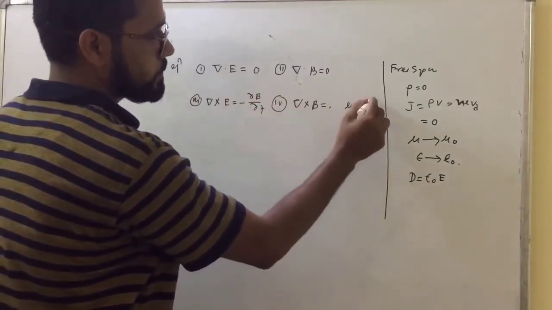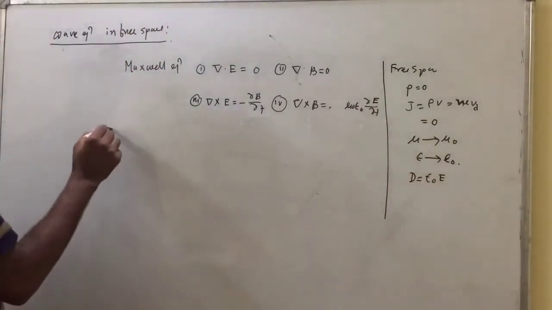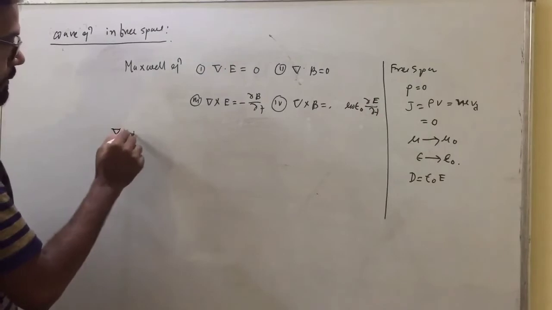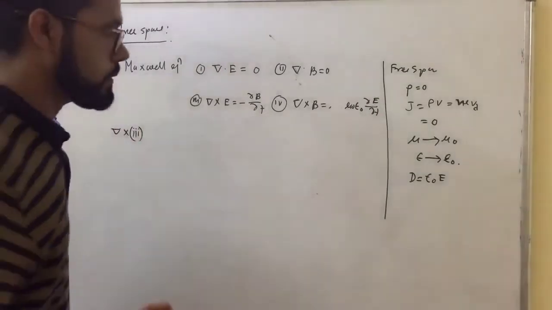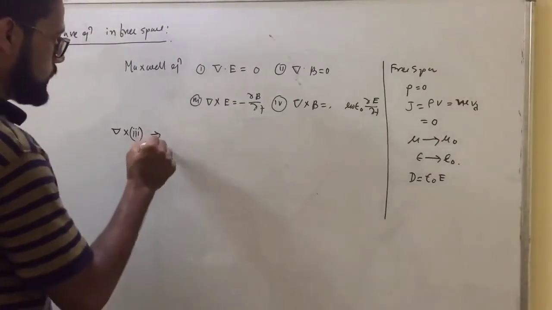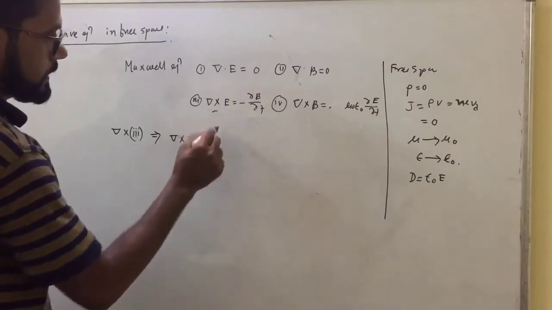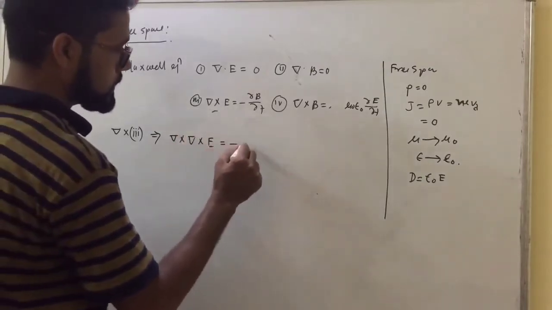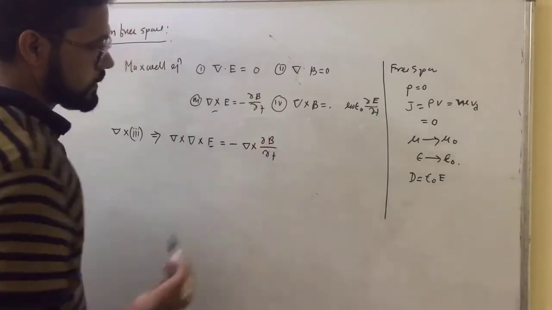Now if I take the curl of any equation, the curl of equation number 3, suppose I take it, you can take the curl of equation number 4 also, no problem. So it will give del cross del cross E on the left hand side, equal to minus del cross del B by del t. Is it okay?